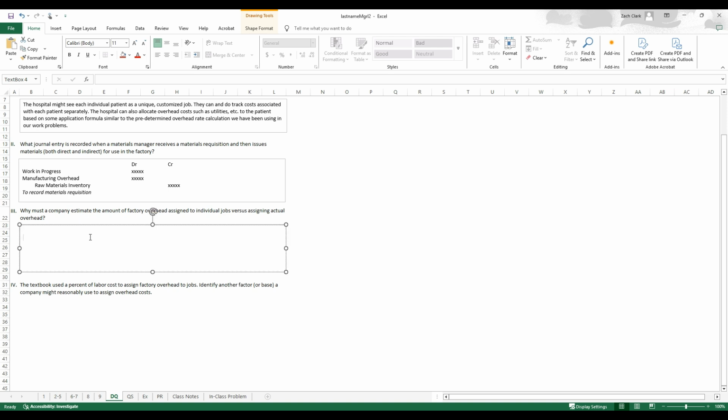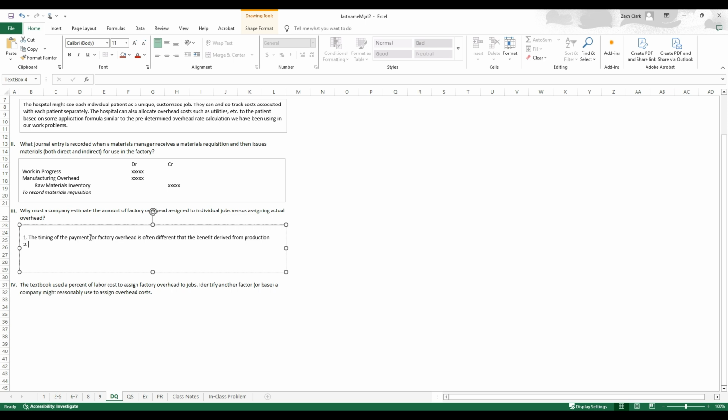And so there are a number of different reasons. I'm just going to type them in like this. So one, the timing of the payment for factory overhead is often different than the benefit derived from production.